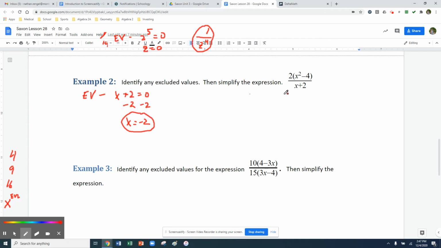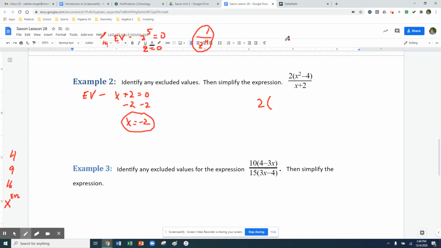Next, we're going to look for any common factors. Now, since this is a binomial or a two-term polynomial, I need to factor this first to see what its factors are. So I've got my 2 parentheses x squared minus 4. Now, thinking back to that number 4 in our warm-up, we're going to see if this difference of squares applies here.